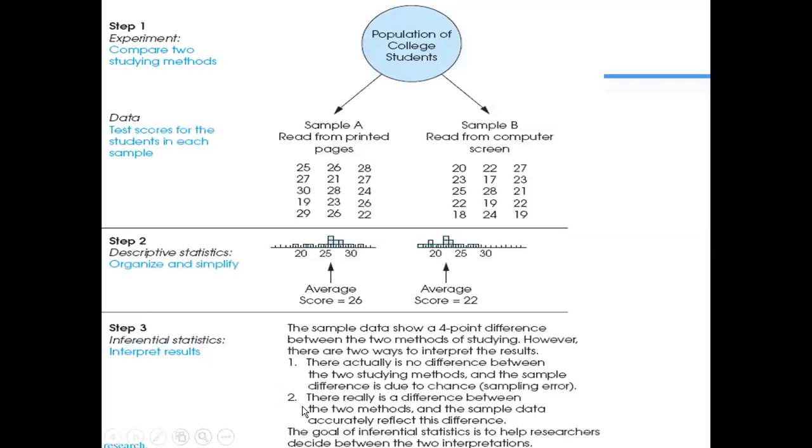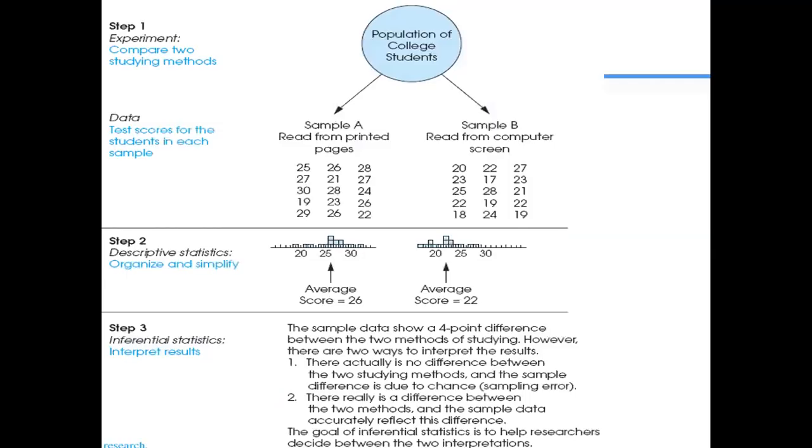The alternative conclusion is that there really is a difference between these two methods, and that sample data, that 4-point difference, accurately reflect the difference. Statistical tests are going to allow us to decide whether that 4-point difference is due to sampling error and thus can't really be trusted as a real effect, or whether that 4-point difference really does suggest and indicate that reading from printed pages is more effective.